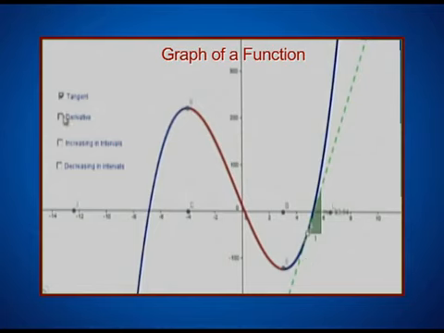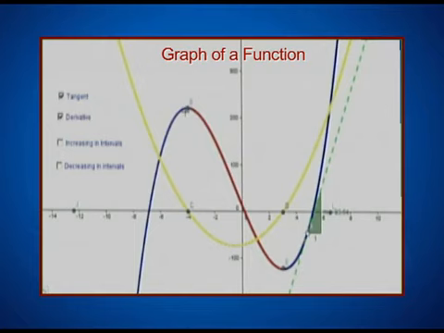Further, if I mark the derivative of this function with this yellow curve, can you see that when the function is an increasing function, that is the part where you see the blue curve, the derivative, the yellow curve, lies above the x-axis, which means f dash x is greater than 0 when the function is increasing.